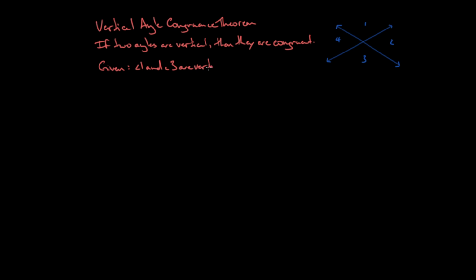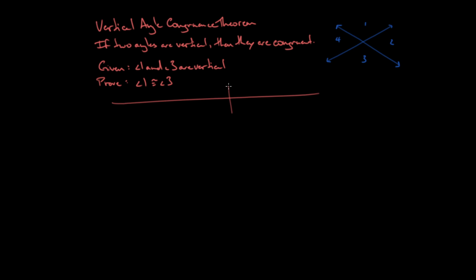The reason is I really want my given to reflect what's in the hypothesis of my statement, if two angles are vertical. So I'm just stating it, angle 1 and angle 3 are vertical angles, and then I'll use that. And then what I'm trying to prove is that angle 1 is congruent to angle 3. So that's what I'm trying to show.